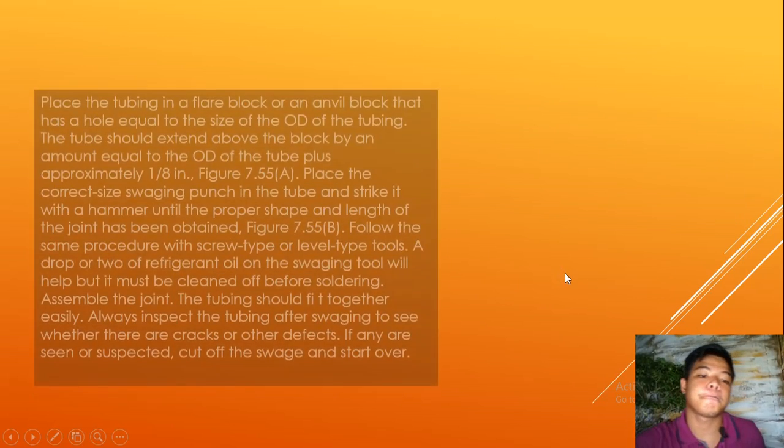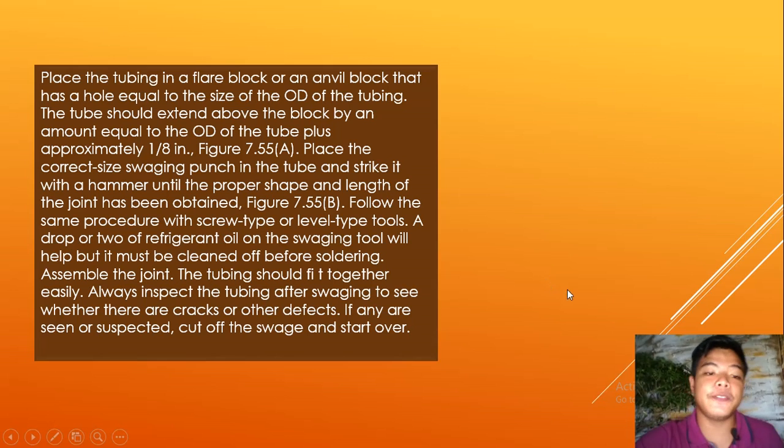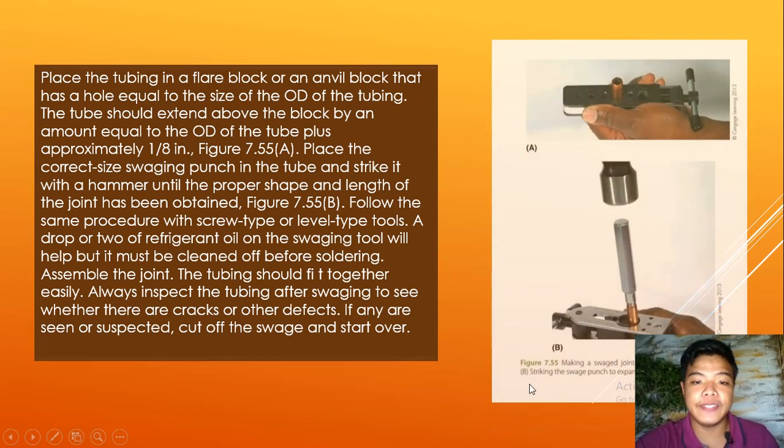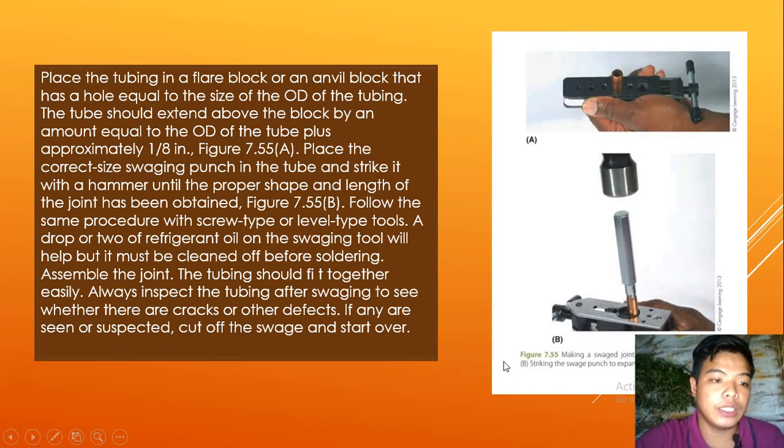Then place the tubing in a flare block or an anvil block that has a hole equal to the size of the OD of the tubing.